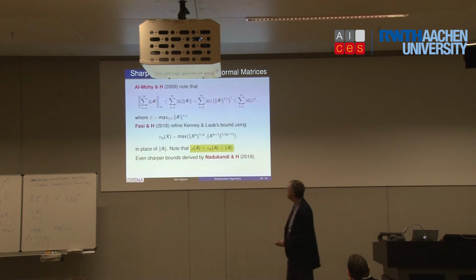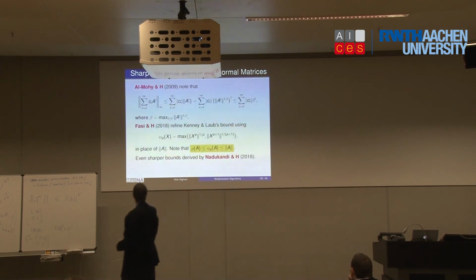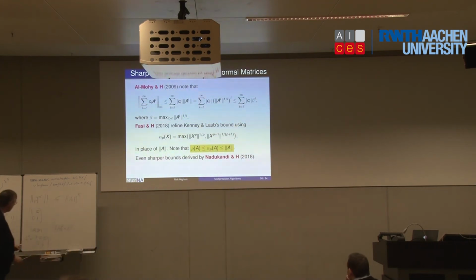But the idea is shown here. By using some explicit powers of A, I can maybe exploit this sort of behavior. So what we want to do is use a few low powers of A and actually compute them, with the hope of getting a better overall bound.